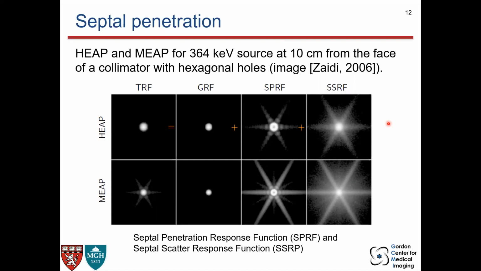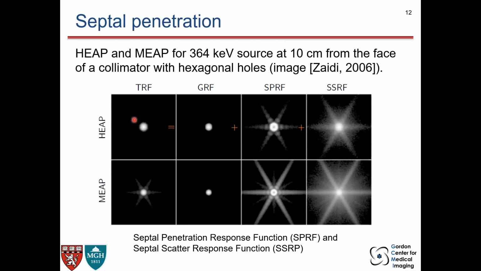If you have the total response function of the collimator as TRF, then you have a geometrical response function, a septal penetration response function, and a scatter response function. These are all components together to make the total response function.